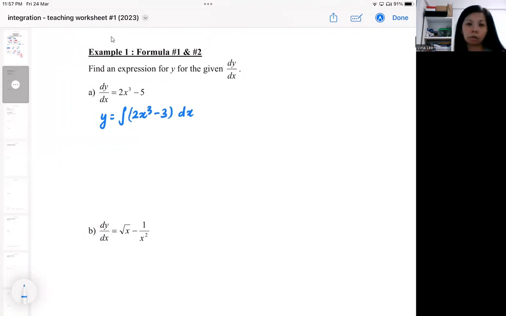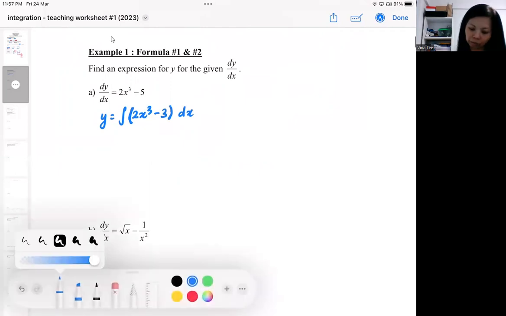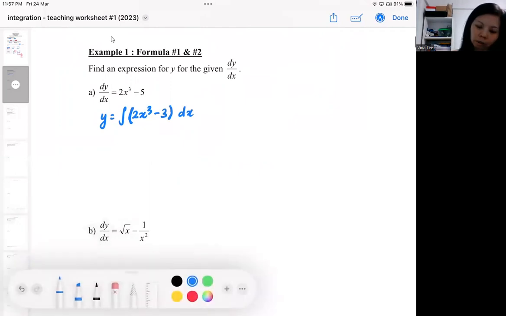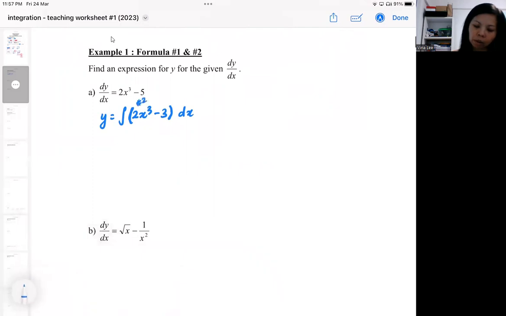This is your plate. Remember just now what I said? Your plate is your dy dx, and then you place your fork and spoon. So that is the presentation. And then you integrate one by one. If you look at this one, it looks like formula number 2, and this one, it looks like formula number 1.